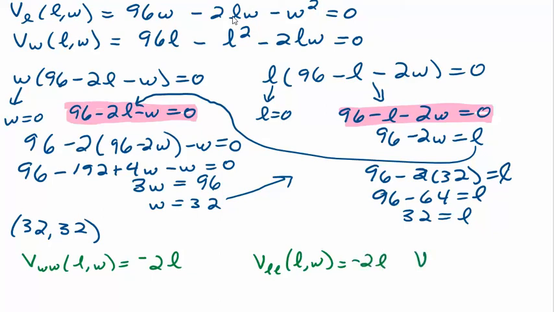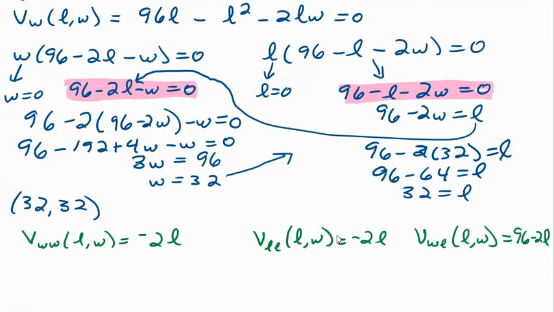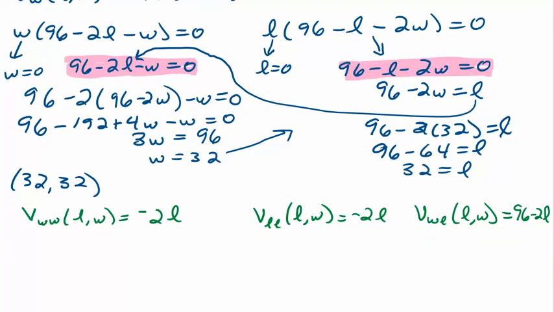Okay, and then we could do V_WL. So look at our V_W and take it with respect to L. So that's going to give me 96 minus 2L. Notice if I would have switched it and done this one with respect to W, I would have gotten 96 minus 2L as well. Okay, so now we do our little formula here. 32, 32.